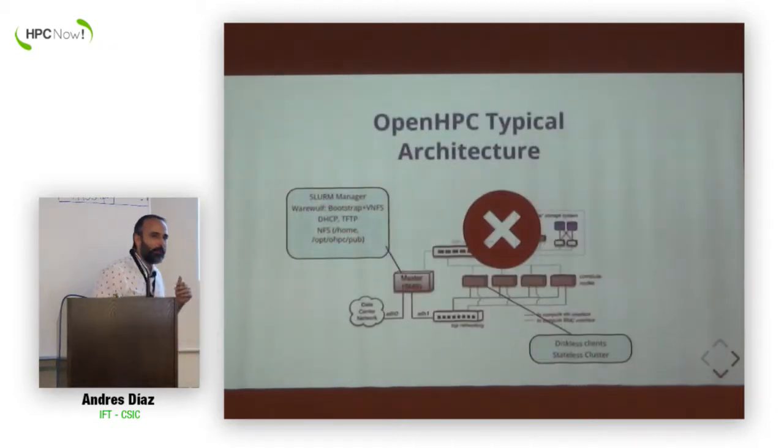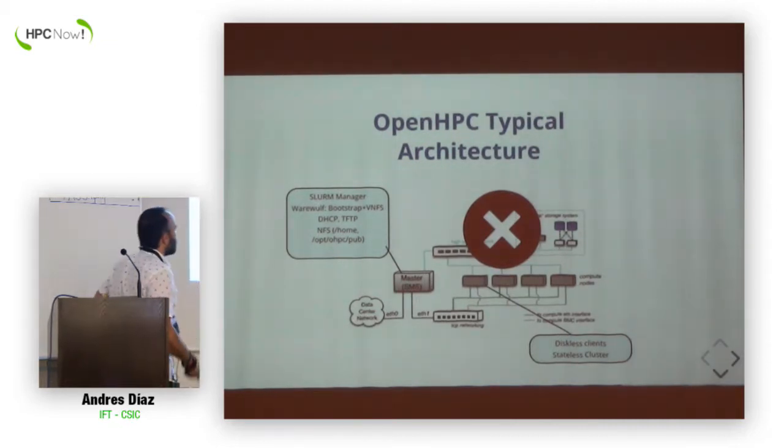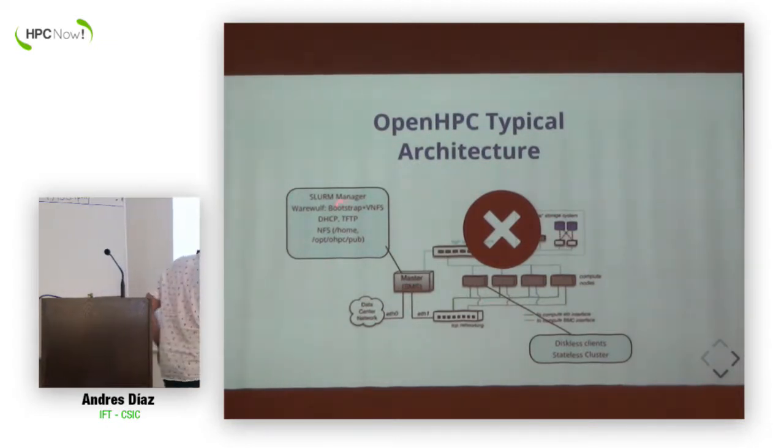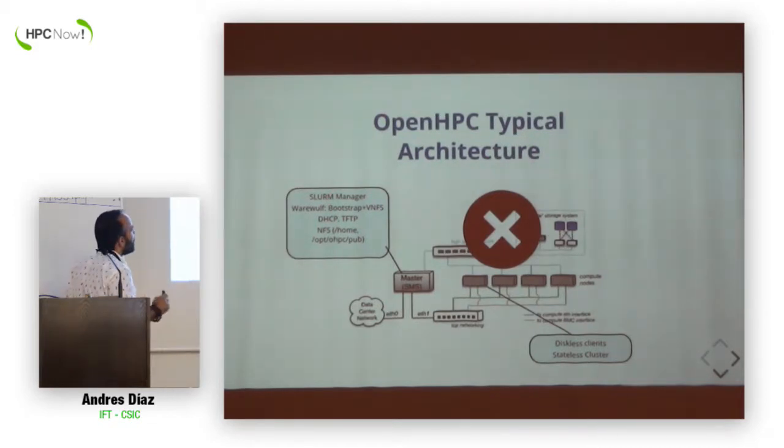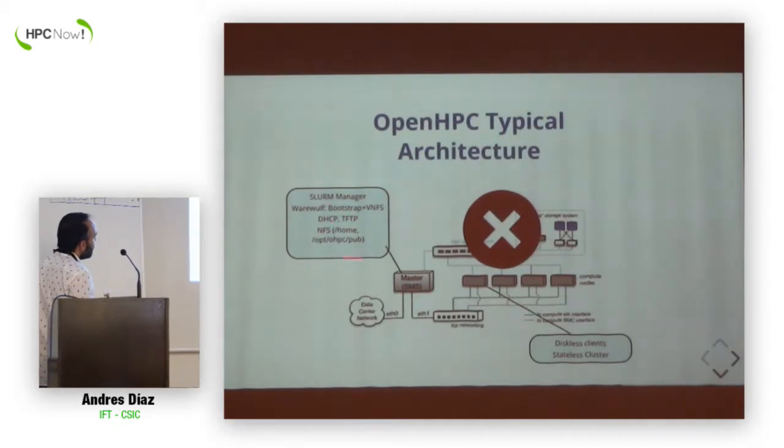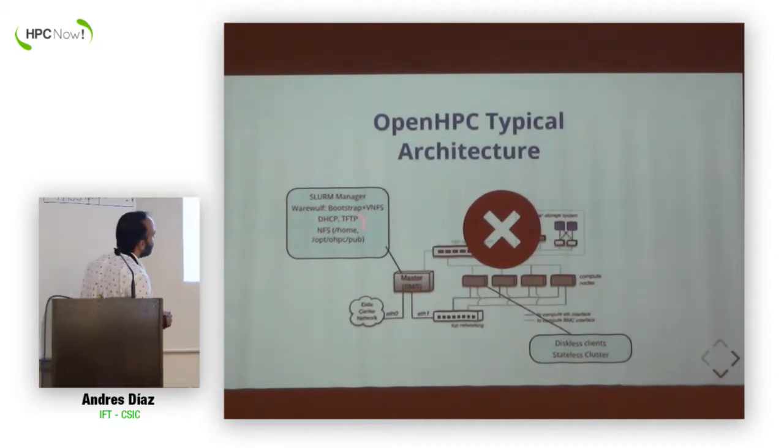So first of all, what is the typical architecture of an OpenHPC system? As I said, it has a master and some nodes. The master runs, as a minimum, these services: the Slurm manager, Warewulf, which is the provisioning tool, DHCP, TFTP, and NFS, which exports two folders, home and this folder over there.